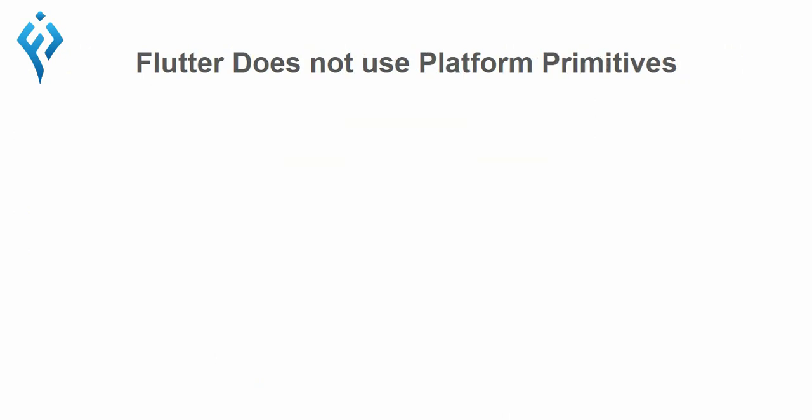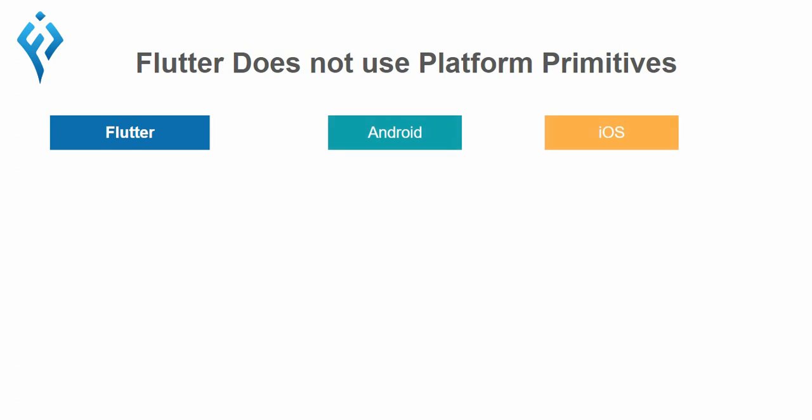And coming forward, Flutter does not use any platform primitives. It is important to know and understand that Flutter does not use any primitives. Now what the heck does that mean? With Flutter apps we are targeting Android and iOS.